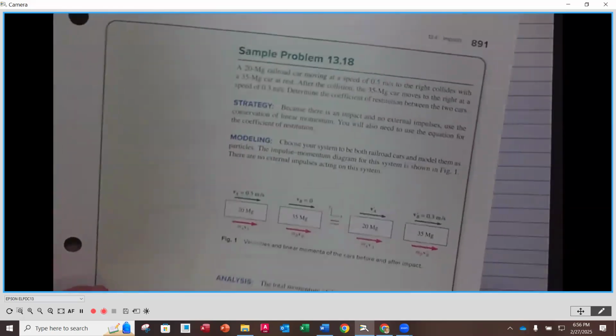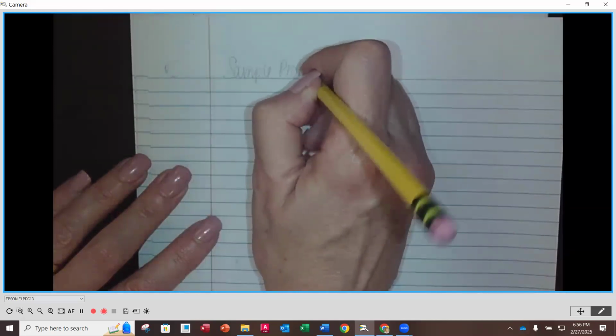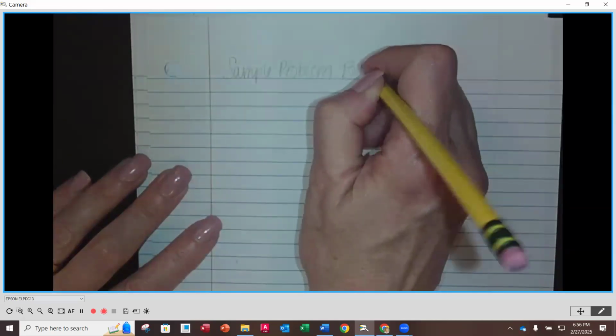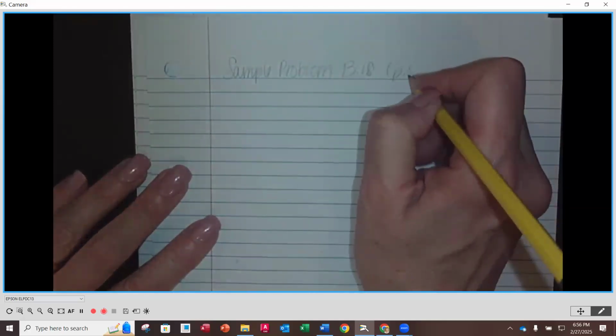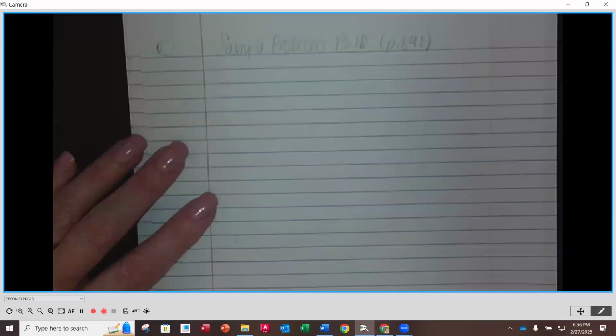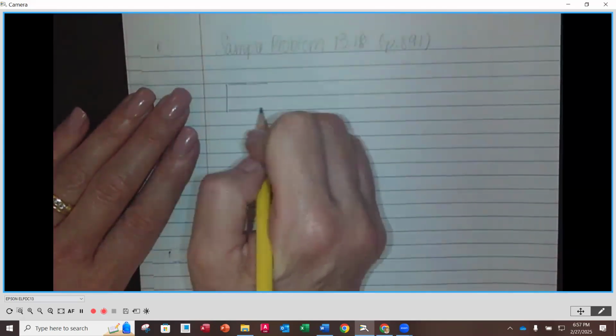All right, so let's put down what we know and what we need to try to find. So this is going to be sample problem 13.18, okay? And this is on page 891. All right, and through the knowns and the unknowns, I'm just going to draw the diagram, okay? Because there's no need to really list the items.